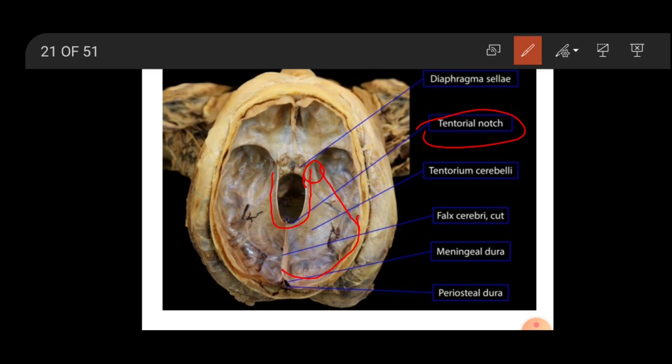So that is the attachment of the tentorium cerebelli. That is the attached margin located peripherally, and centrally you have the free margin, which encircles an opening called the tentorial notch.